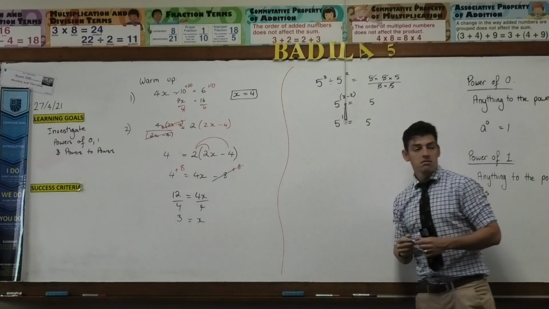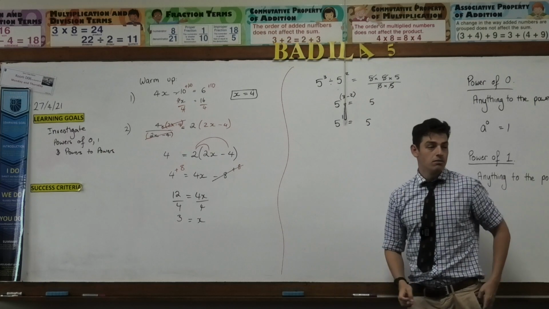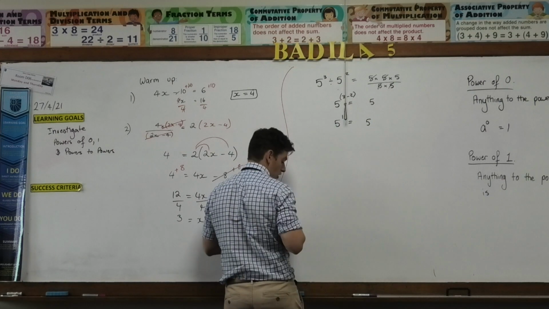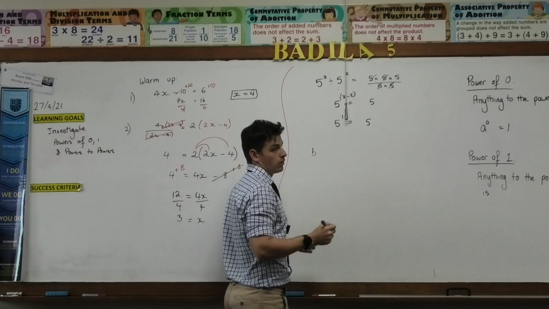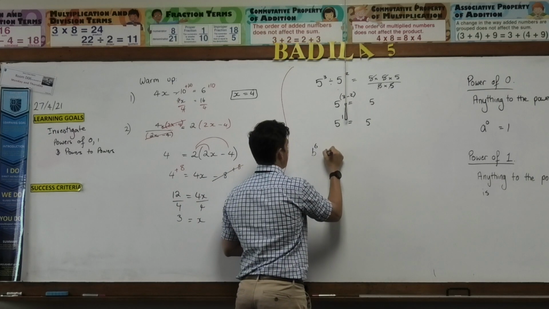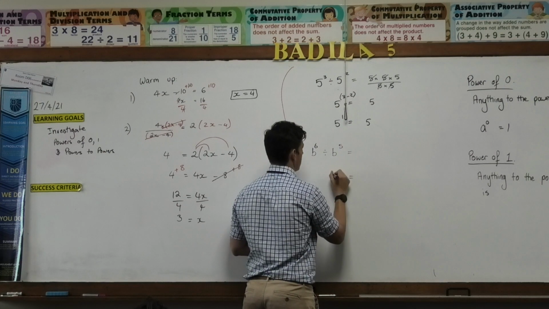Give me a letter. Sick of using X's and A's. Let's go B to the power of, give me a number between 1 and 6. B to the power of 6 divided by B to the power of 5 equals B to the power of 1, correct?